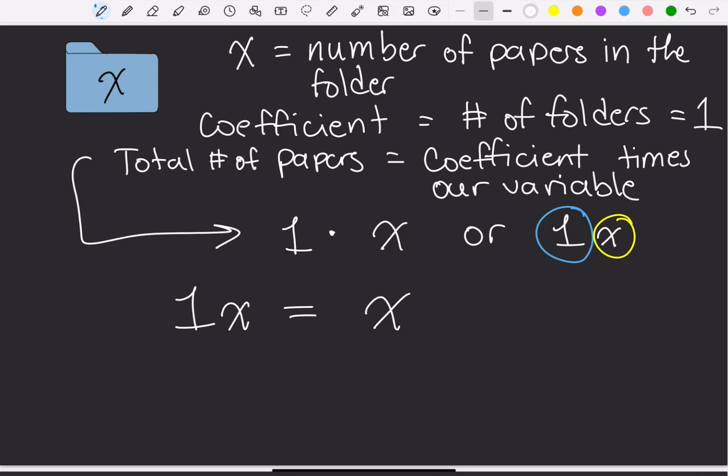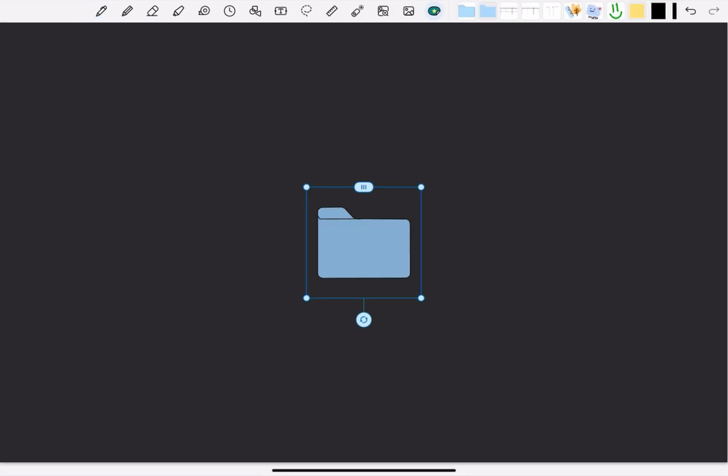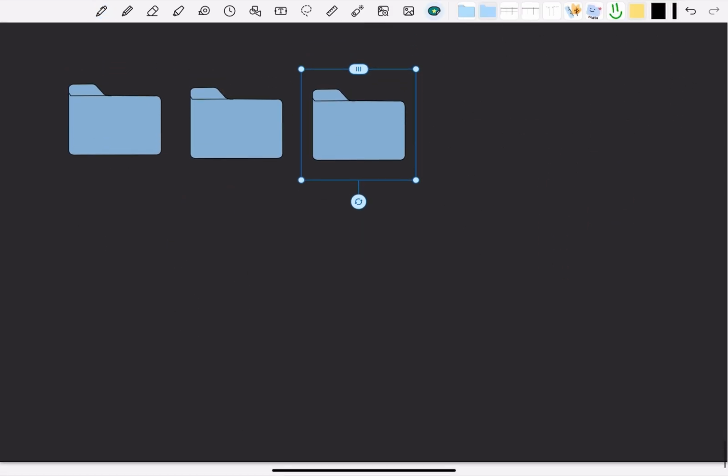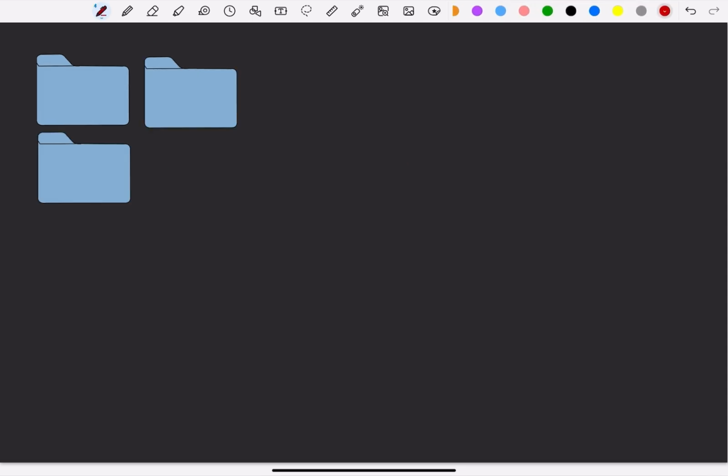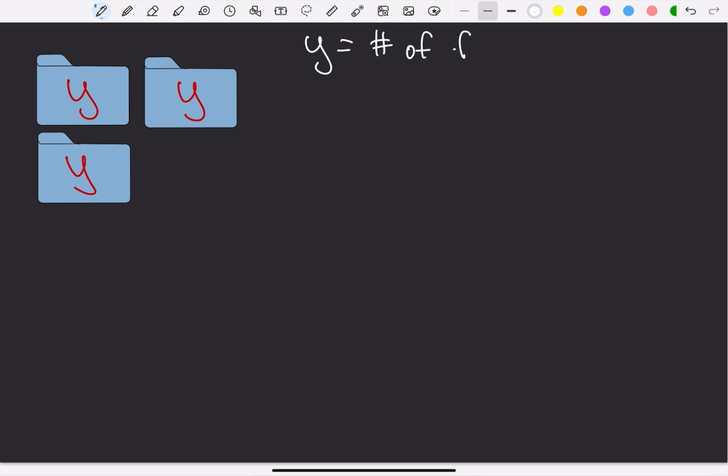What if, then, we have 3? Whoa, we have 3 now. What do we do with that? So we have 3 folders, and each of them has Y number of files. Y equals the number of files this time in each folder.